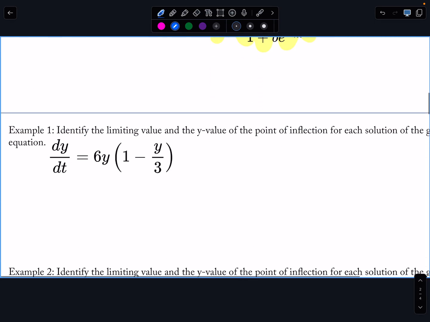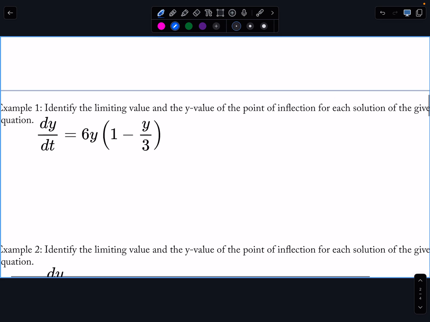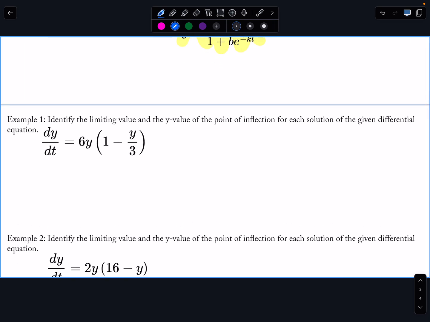So if I look at this and ask, what's the carrying capacity or the limiting value, and what's the y value at the point of inflection? You have to recognize that this is first a logistic growth equation. So because it's logistic growth, what form does it look like? It looks like the 1 minus y over L form.